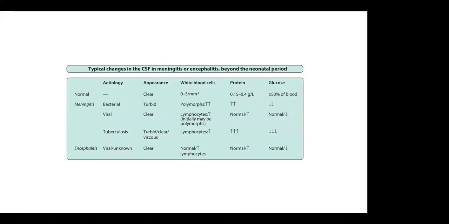In TB meningitis, lymphocytes and protein will be high and glucose is low. But we can also send the CSF for smear for AFB and GeneXpert to rule out TB.